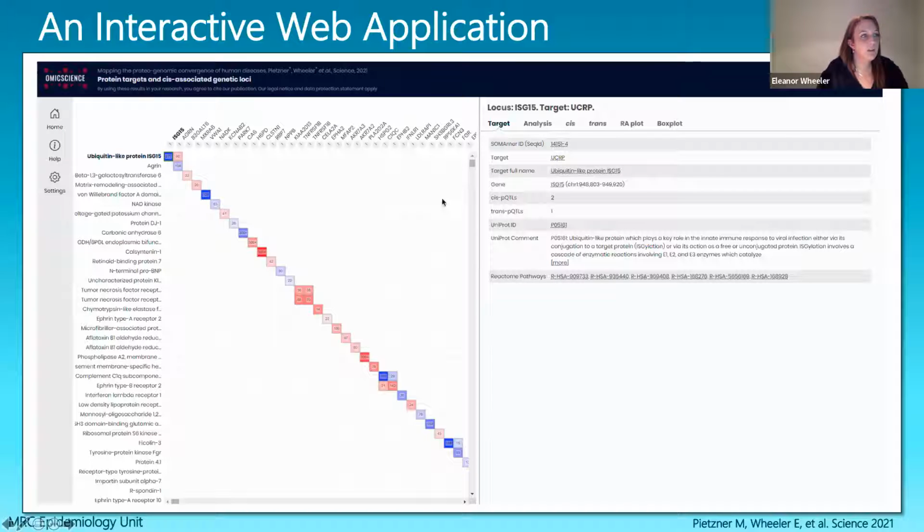There are also additional annotations such as UniProt ID and links to Reactome pathways. Here you can see the target, the full name, the protein-encoding gene, the number of cis pQTLs and trans pQTLs, and you can look across this entire matrix.